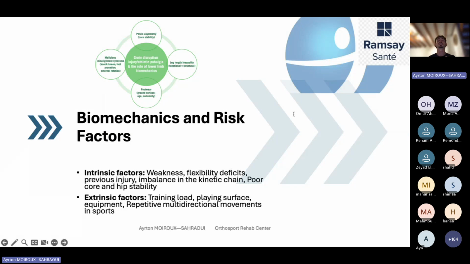Let's now consider the biomechanical aspects and risk factors that predispose athletes to groin injuries. The groin functions as a critical joint for force transmission during dynamic movements, and any imbalance or weakness can lead to injury.